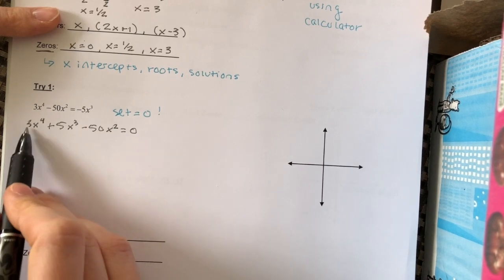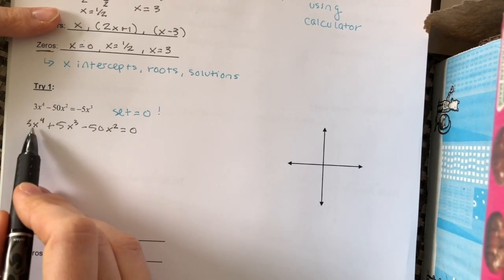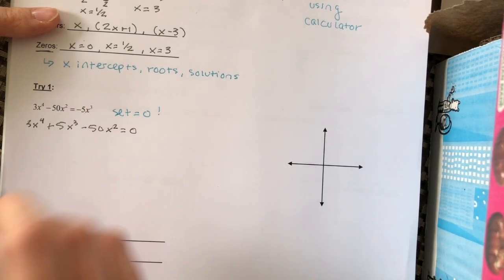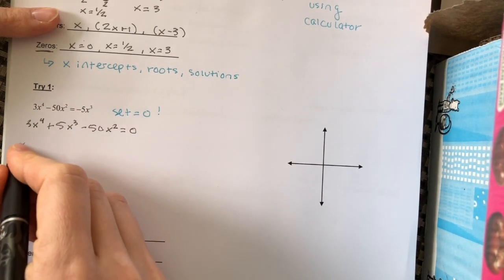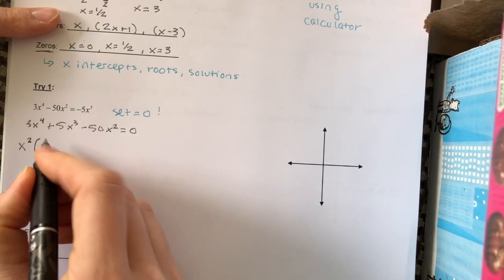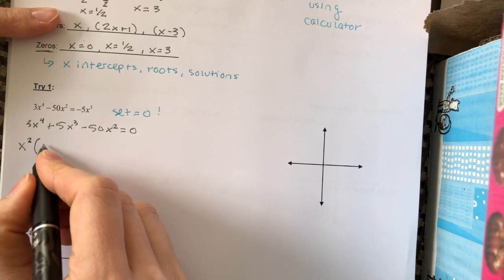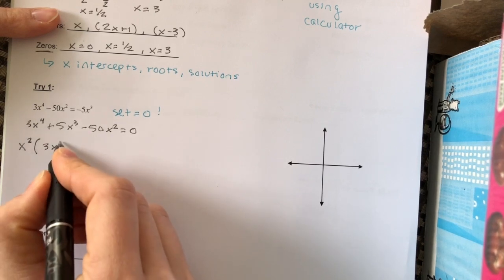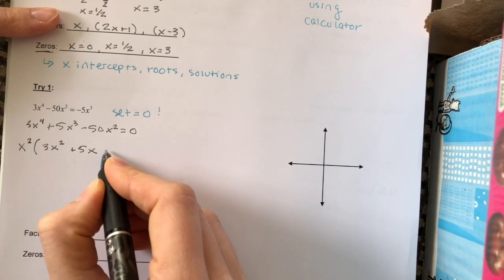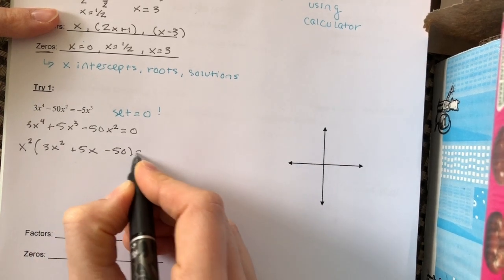So there's no number that will have these in common, but everybody has at least 2 x's. So I'm going to pull out not just one x, but an x squared. You can think of that as pulling out x times x. Okay, so if I take out 2 x's, that leaves me with 3x squared plus 5x minus 50.